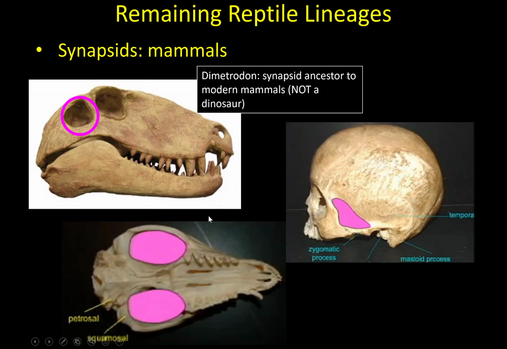So this is an ancestral mammal called Dimetrodon. Okay? Dimetrodon had an eye orbit here, like you'd expect, and a very obvious temporal fenestra behind it. But in modern day mammals, this temporal fenestra is hard to see from the side. Okay? So here's a slightly awkward picture of a human skull.